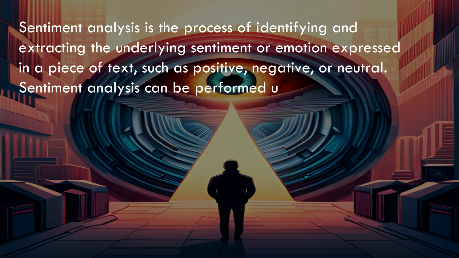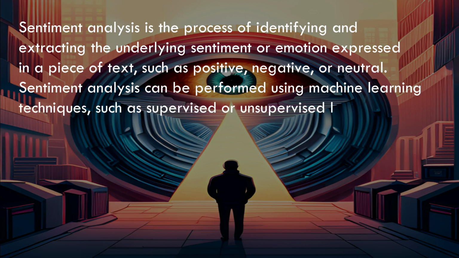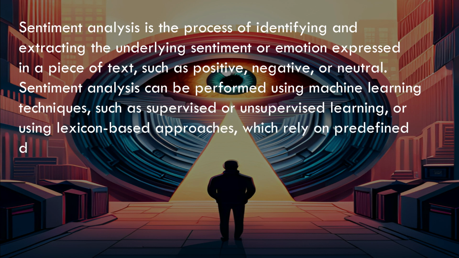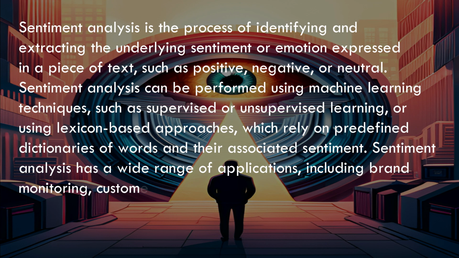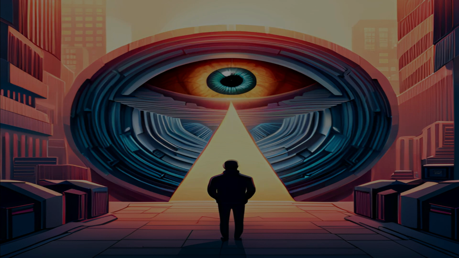Sentiment analysis can be performed using machine learning techniques such as supervised or unsupervised learning, or using lexicon-based approaches, which rely on predefined dictionaries of words and their associated sentiment. Sentiment analysis has a wide range of applications, including brand monitoring, customer service, and social media analysis.